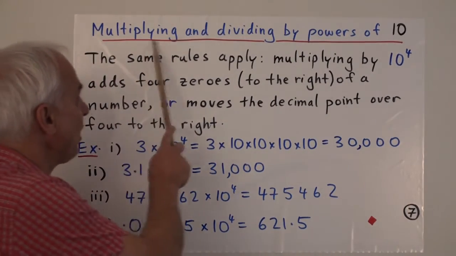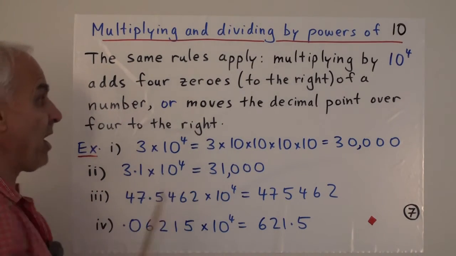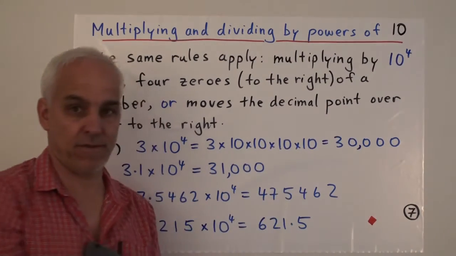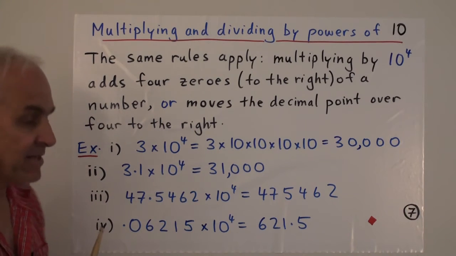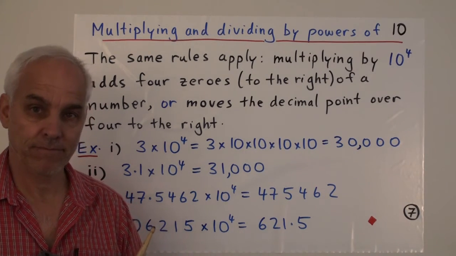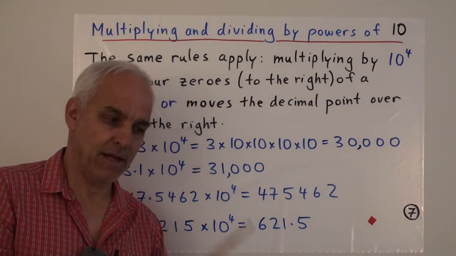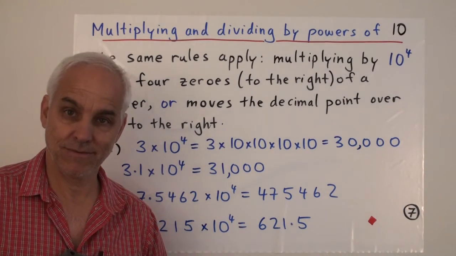So let's think about multiplying and dividing by powers of 10 more generally. The same rules apply. Let's have a look at multiplying by 10 to the 4th, for example. If we're multiplying a number by 10 to the 4th, what happens? First of all, 10 to the 4th is what exactly? It's 1 with 4 zeros, which is 10,000.